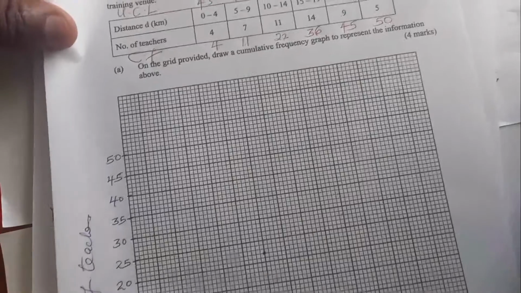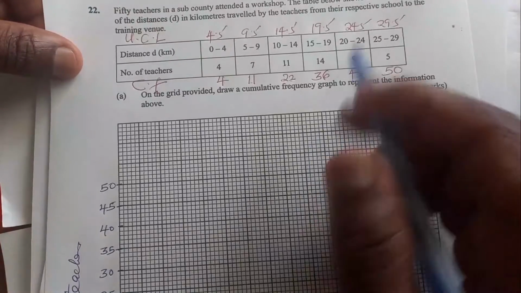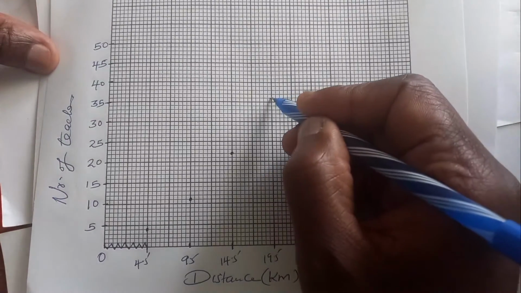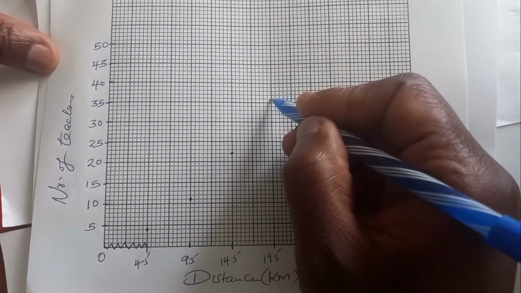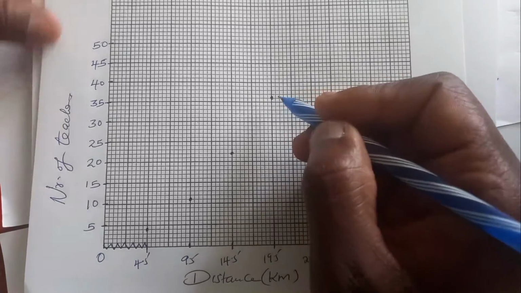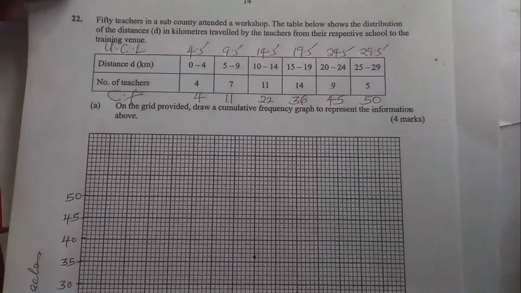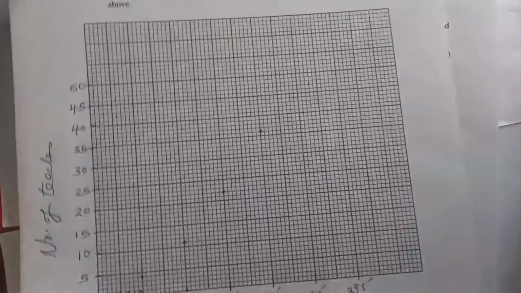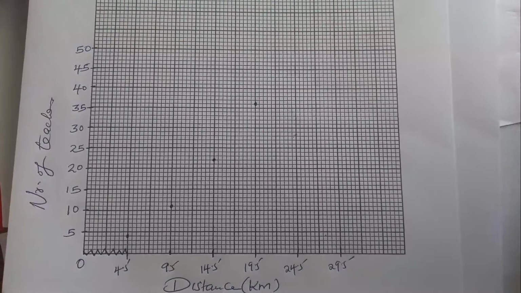Then (19.5, 36). So 19.5 is here, and 36 is here. And then the other one is (24.5, 45).